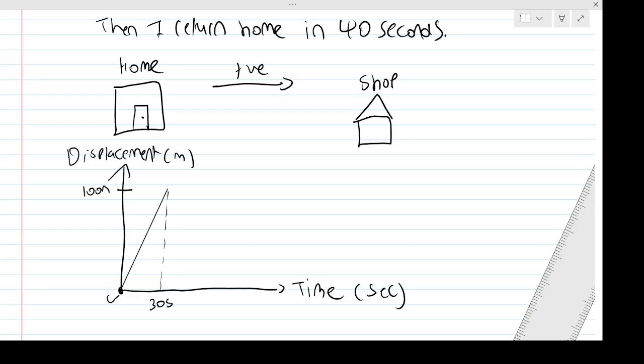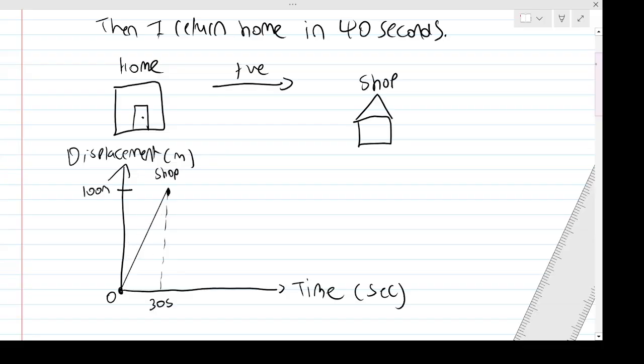So we start at 0 at home, and then at this point here, this is at the shop. So the 100 meters means we've walked 100 meters, but more specifically, it's positive. The gradient is positive, the line is going up because it's the positive direction. If we walk from the home to the shop, that's in the positive direction, so hence the line is positive.